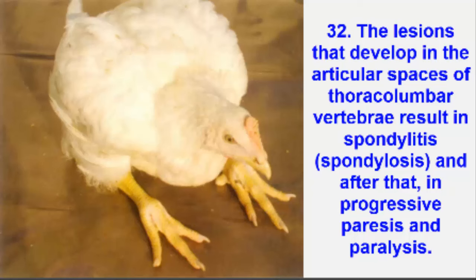The lesions that develop in the articular spaces of thoracolumbar vertebrae result in spondylitis, spondylosis, and after that, in progressive paresis and paralysis.